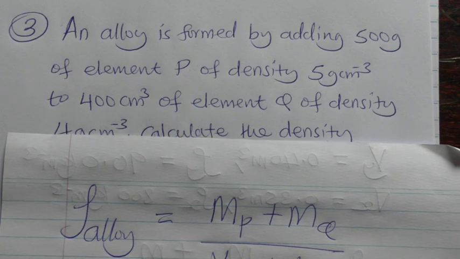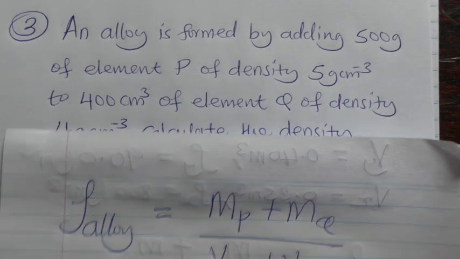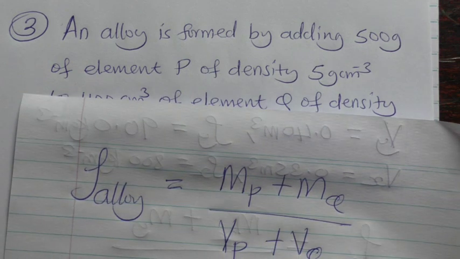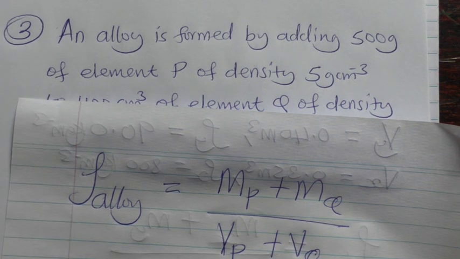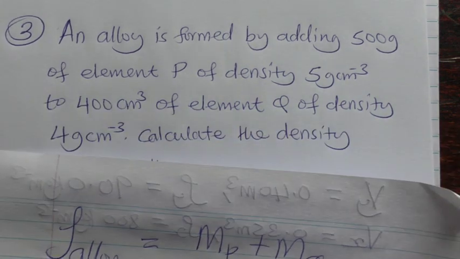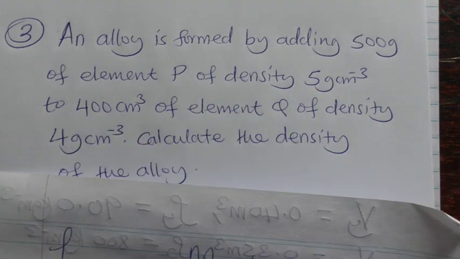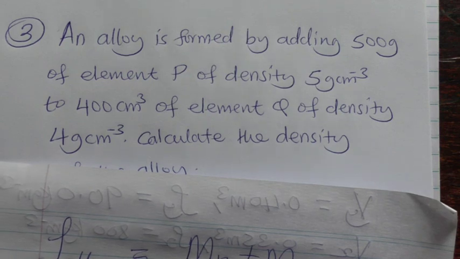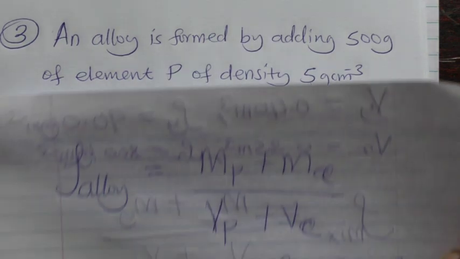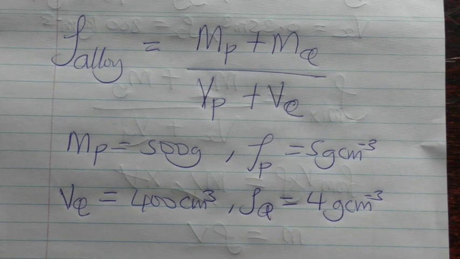This is added to 400 cubic centimeters of Q, so that is volume of Q is 400 cubic centimeters, and the density of Q is given to us as 4 grams per cubic centimeter. This is the information given to us from the question.